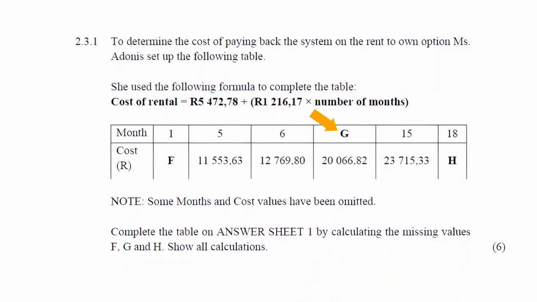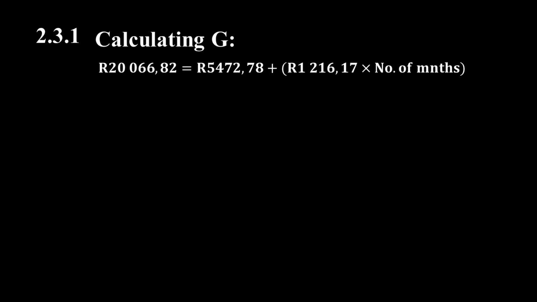Next, we calculate G, which is the number of months for paying the cost of rental of R20,066.82. Substituting the cost of rental of R20,066.82 into the formula will give us the equation R20,066.82 equal to R5,472.78 plus R1,216.17 multiplied by the number of months.